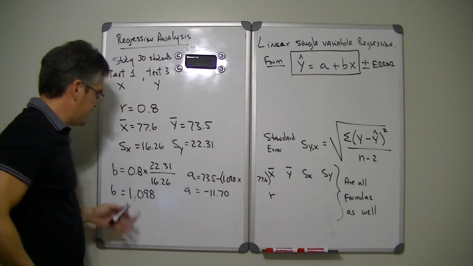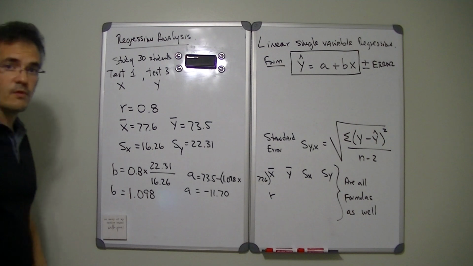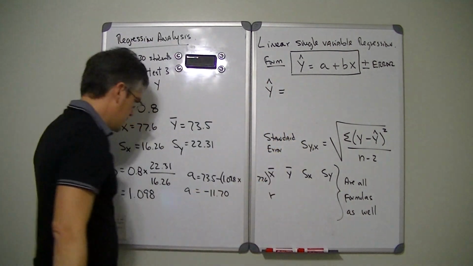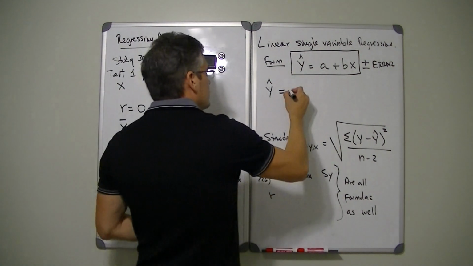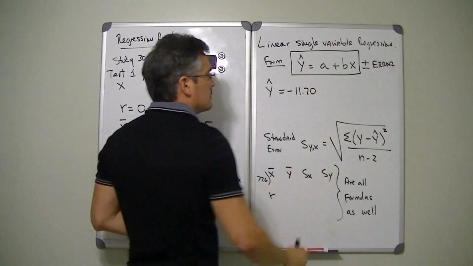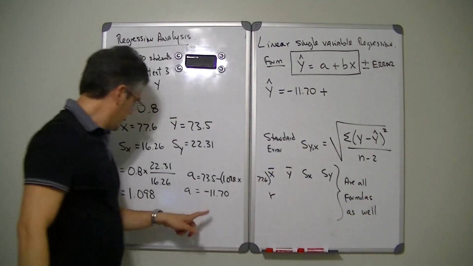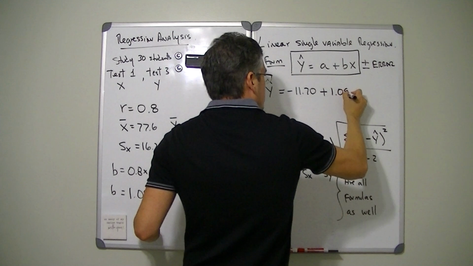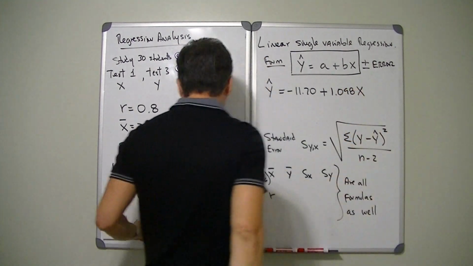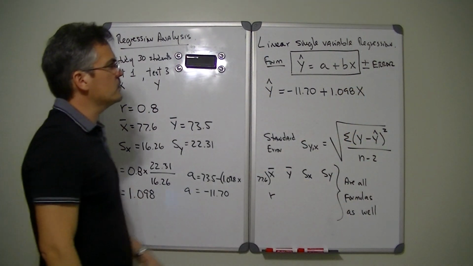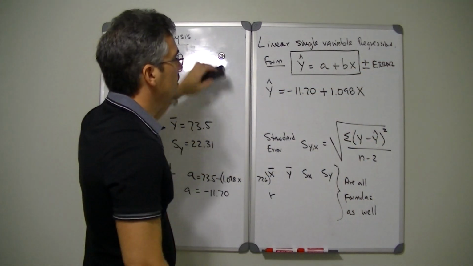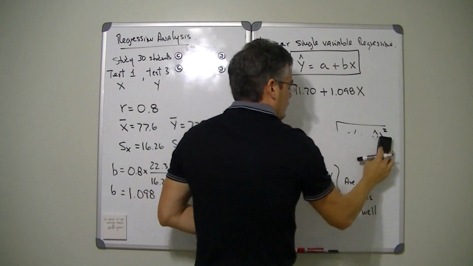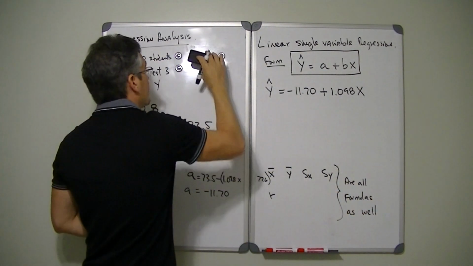So my regression is going to be y hat equals a, which is this number here, and then I'm going to add b, which is this number here, times x. And again, we're not going to focus too much on the error for now, we're not going to do that in this portion. So let's just focus right now on my line, and let's not worry too much about the standard error.